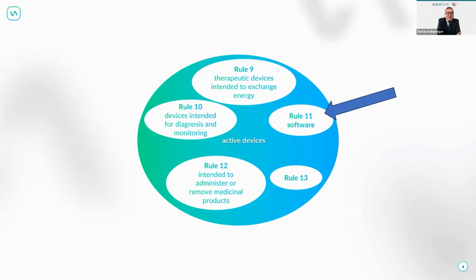So if your device is actively therapeutic or diagnostic and the outcome would be patient relevant or life supporting or life relevant, or generally if it could kill a person, it will be a class 3 medical device.